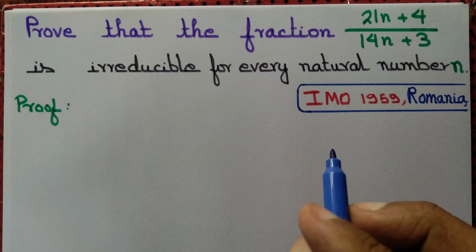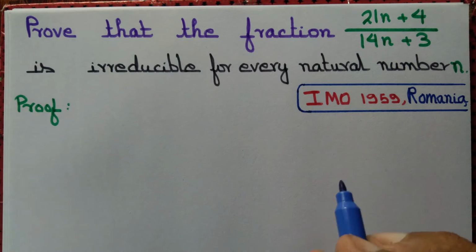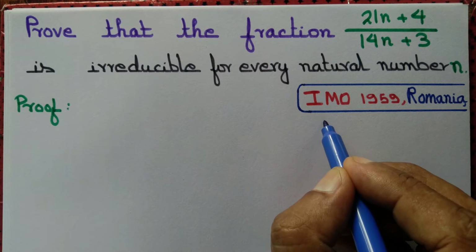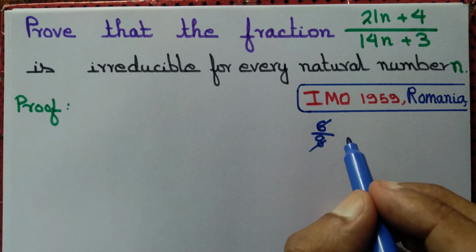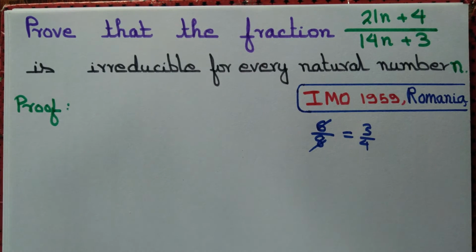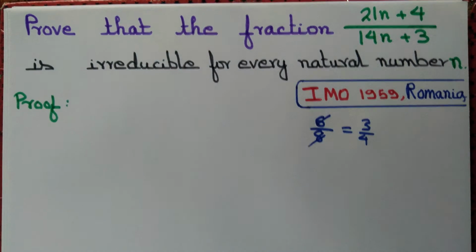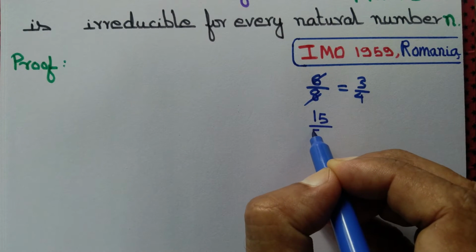So what do you mean by an irreducible number? To understand, let's look at the fraction 6/8. We can cancel it out and write it as 3/4. That's in the least form, right? Let's look at another fraction, 15/51.